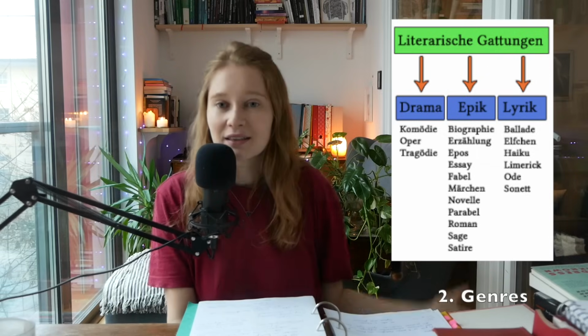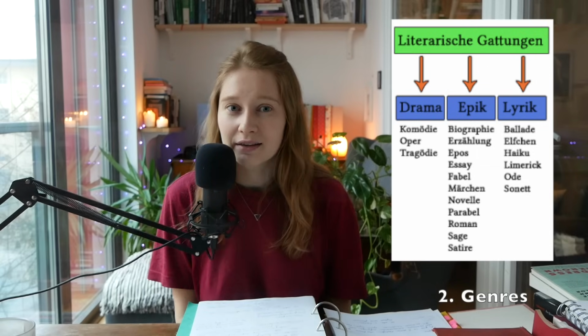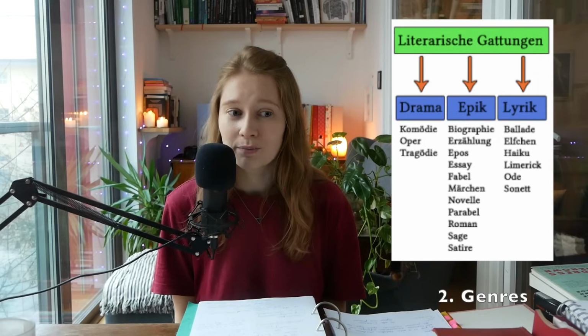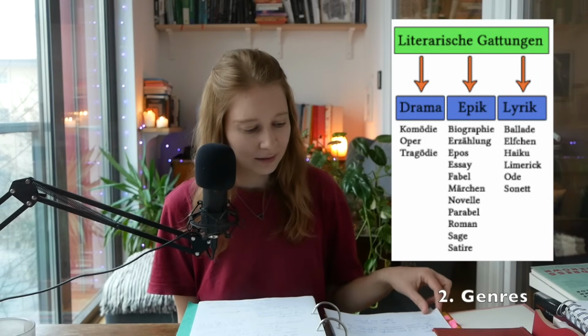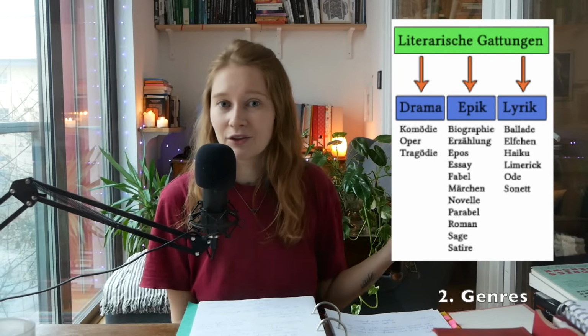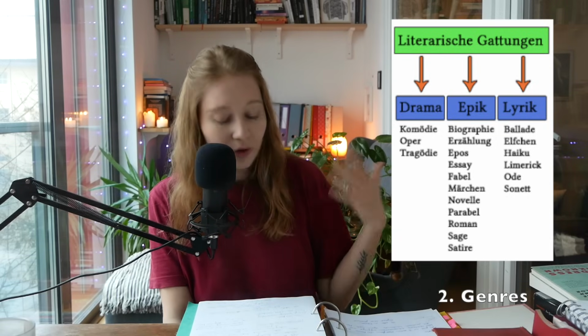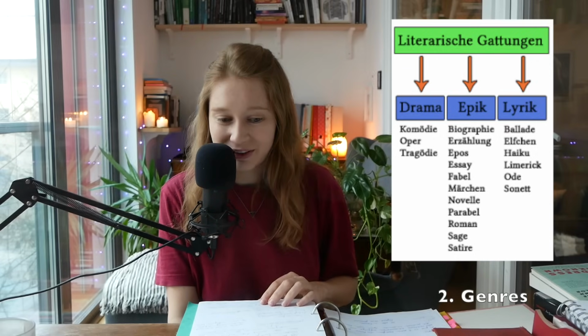But those are the basic genres we're working with in German literature, and it's very much based on Aristotle, who said that these are the three natural genres, and Goethe sort of confirmed that, and that's still what we're working with today.